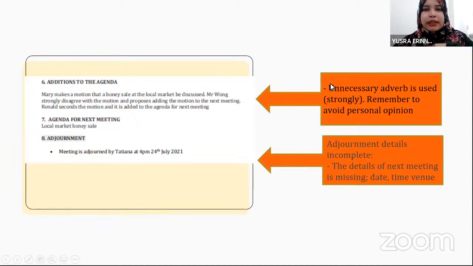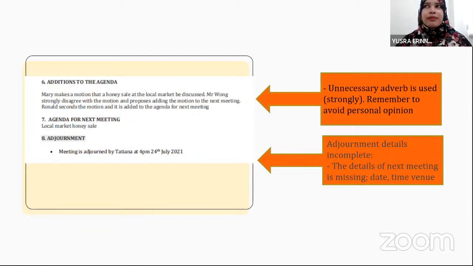We are moving to point number 6. Over here, they are using unnecessary adverbs. So you need to remember to avoid your personal opinion. I know sometimes when people are discussing in a meeting, they can get heated up. It means that they can get caught in their emotions.